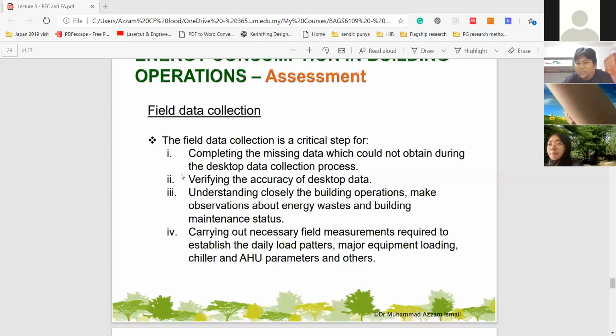So there is verifying, understanding closely the building operation, making observations and looking into wastages if there are any, and carrying out necessary measurements, such as clamping onto certain big equipment to find out how much electricity it uses. I've got the equipment for it, so if need be, we'll do that. We just clamp onto it, leave it for about 2 months and see how it goes.